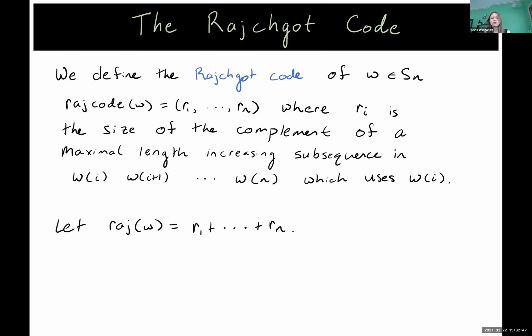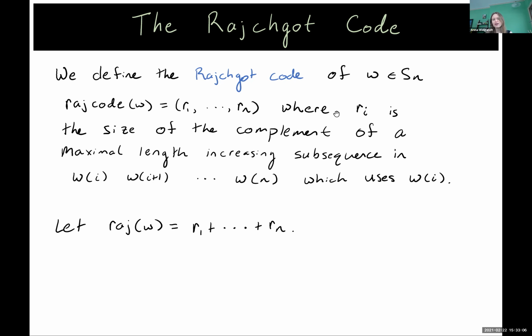I'm going to move to the new one next, which is the Ratchcock code, named for Jenna Ratchcock because she got us on this kick of thinking about degrees. So the Ratchcock code, here again, this is going to look like maybe too many indices, and I'll flip to an example momentarily.